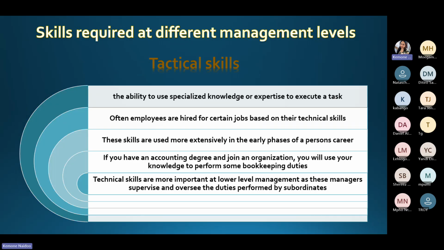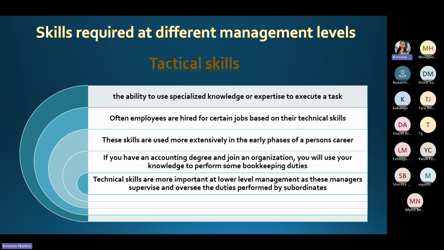We have our tactical skills. So tactical skills is the ability to execute more specific tasks. Okay, so sometimes you have certain managers that have specific skills in something, and these skills will allow you to execute things on a daily basis, more like your operational level.